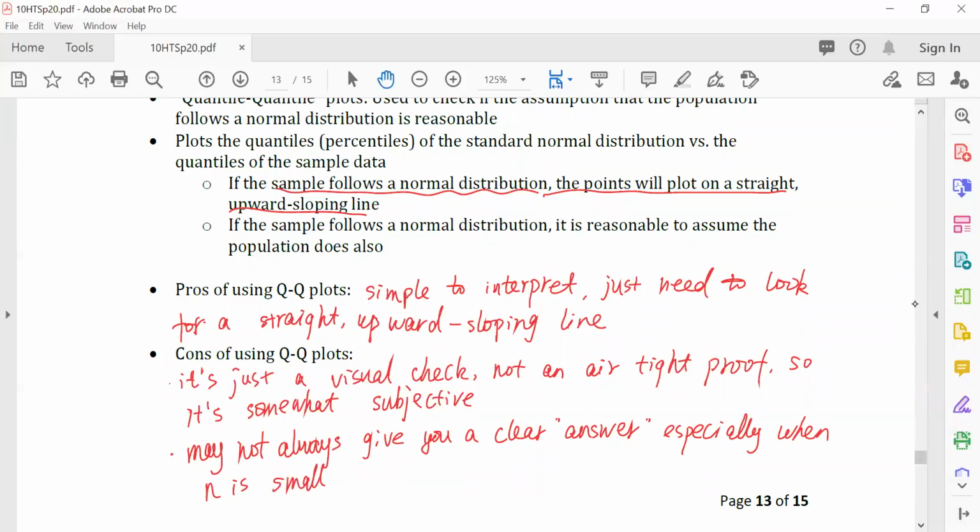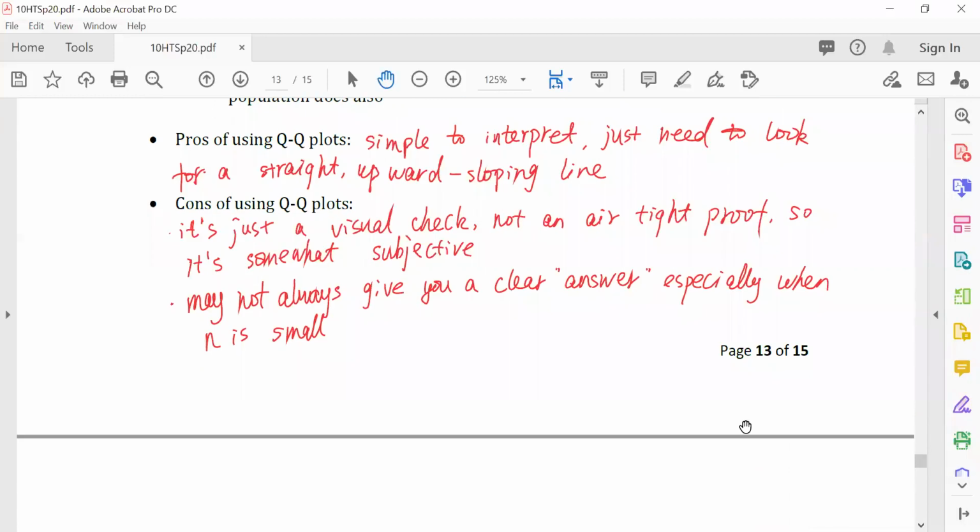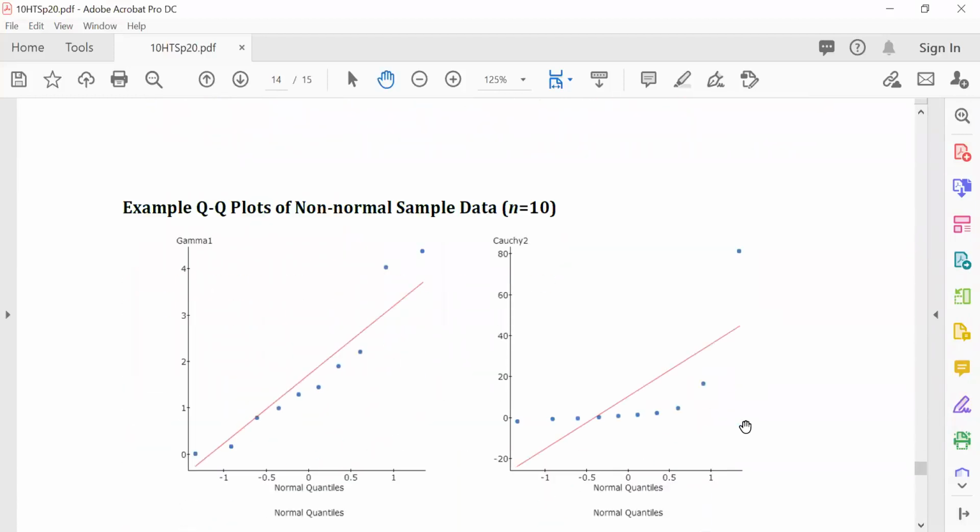This is also associated with the subjective feature. Let's take a look at the example of what I've talked about.